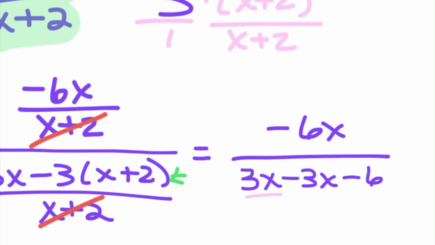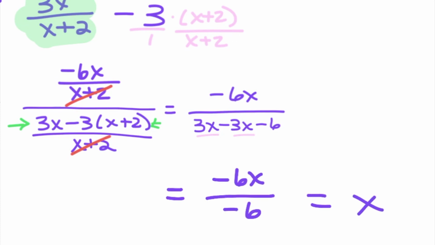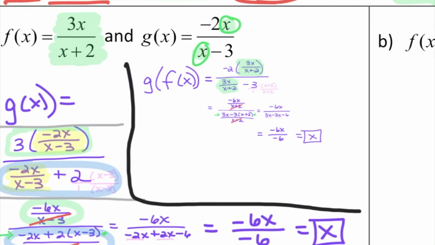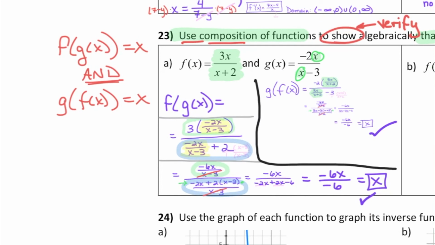Please notice that the 3x minus 3x is 0, so you get negative 6x over negative 6. That whole thing equals x. And so now both f of g and g of f equal x. And remember that that's what you need to show in order to verify that these two functions are inverses of each other.